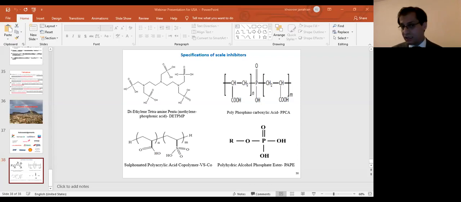But I have used just two green chemistries, phosphate ester and sulfonated polyacrylic copolymer, and both actually gave me good results.